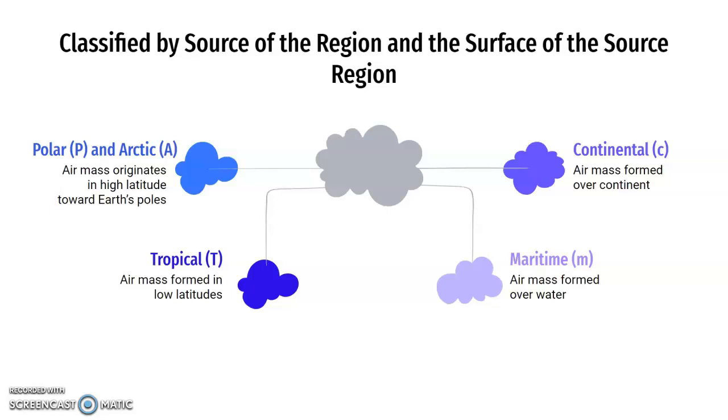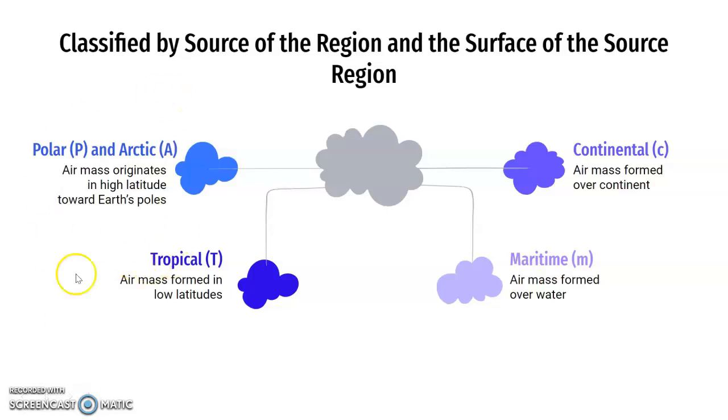The surface of the source region is also how it's classified. If the air mass was formed over land, it'll be a continental air mass, and if it was formed over water, it'll be a maritime air mass. And this affects the moisture characteristics. Continental is going to make it dry, and maritime is going to be more humid.